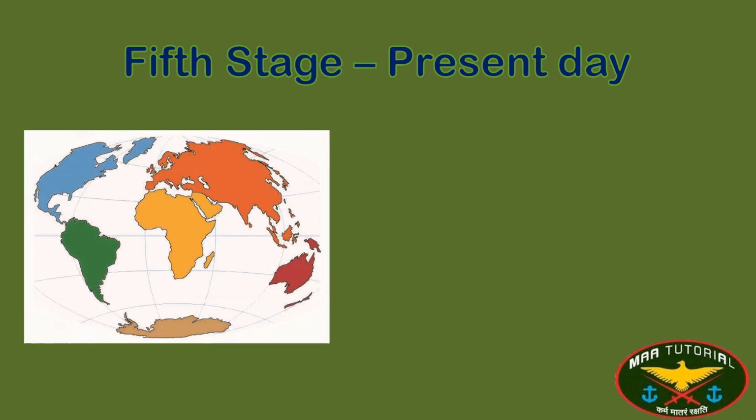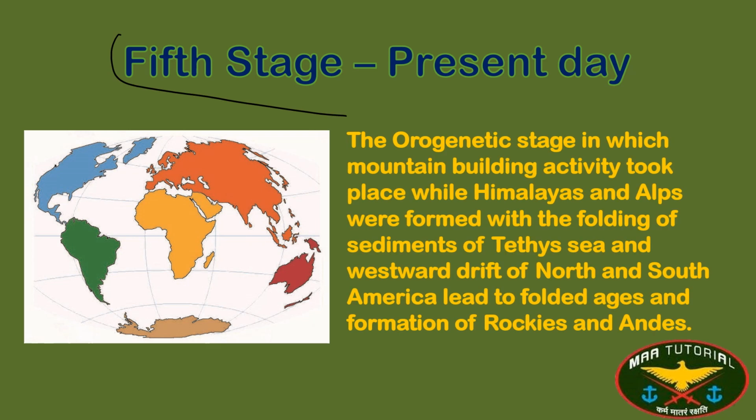And the fifth stage, that is the present stage, is the orogenetic stage, where mountain building activity took place. In India the Himalayas formed, and the Andes and Rockies formed. The Himalayas and Alps were formed with the folding of the sediments of the Tethys Sea.